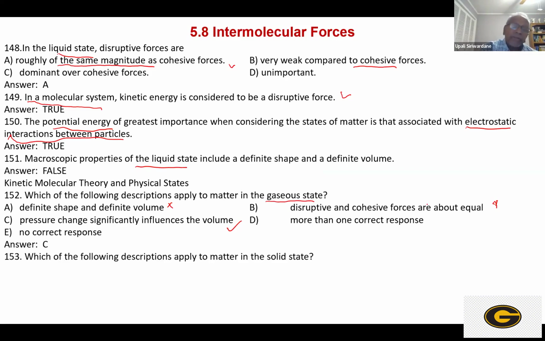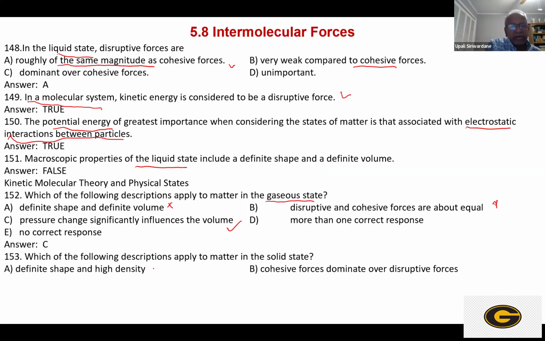Which of the following descriptions apply to matter in the solid state? Definite shape, high density. This is correct. Let's look at the others.